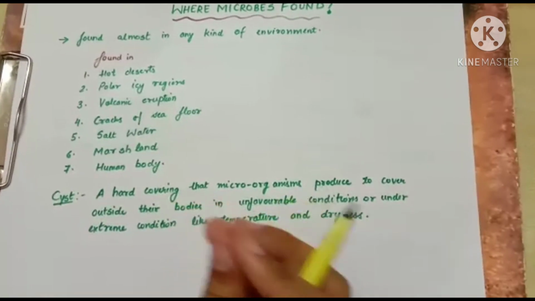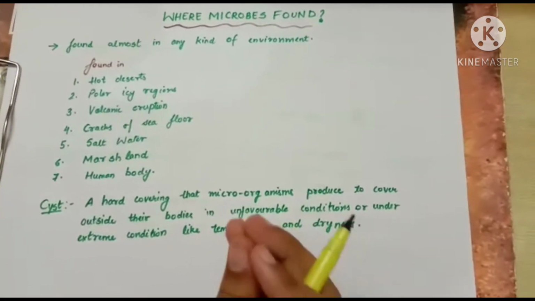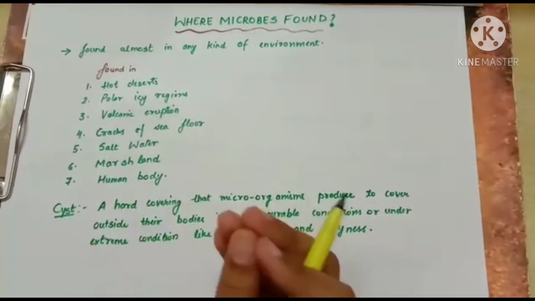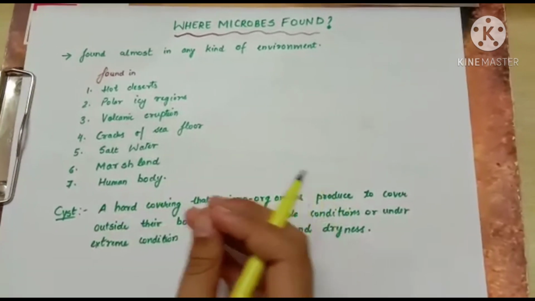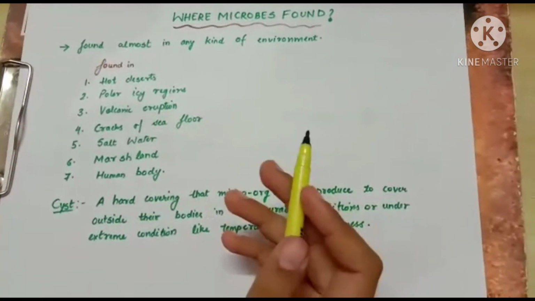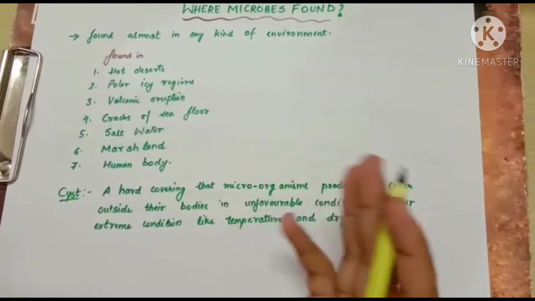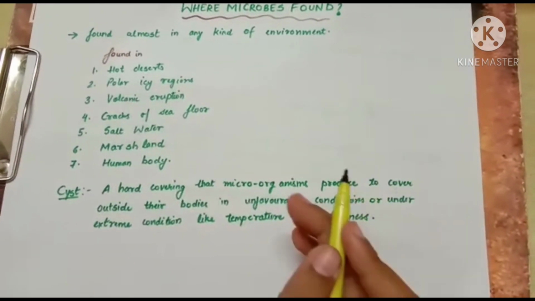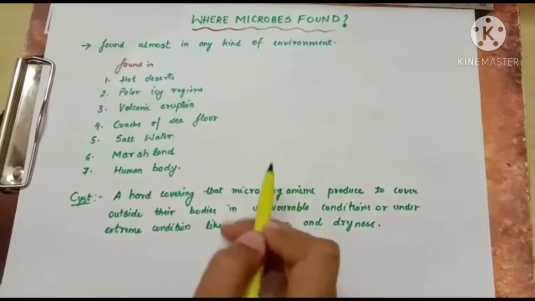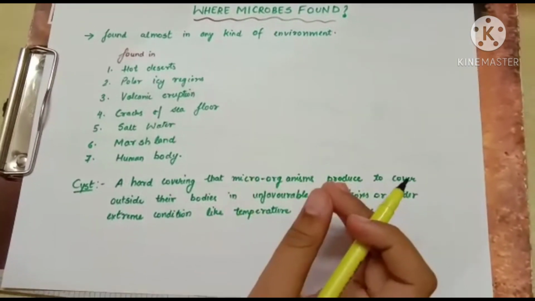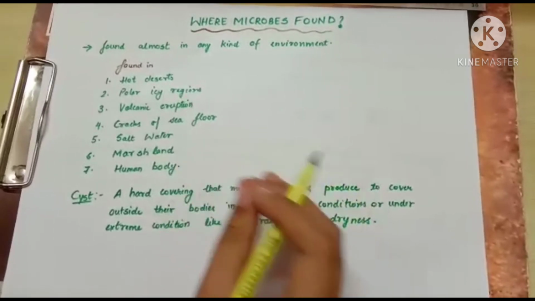Now, what I mean by unfavorable conditions is, for example, change in temperature or change in moisture, dryness. These are unfavorable conditions which are not suitable for the growth of microorganisms. So in that unfavorable condition, they form cyst, but in favorable condition, microorganisms do not form cyst.